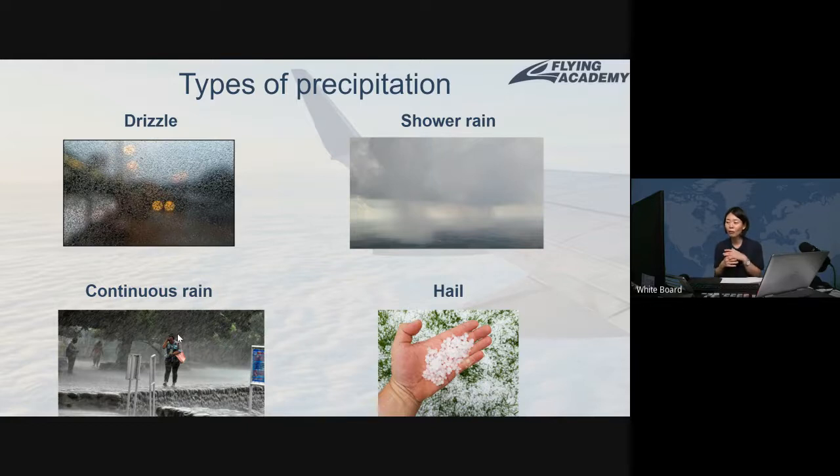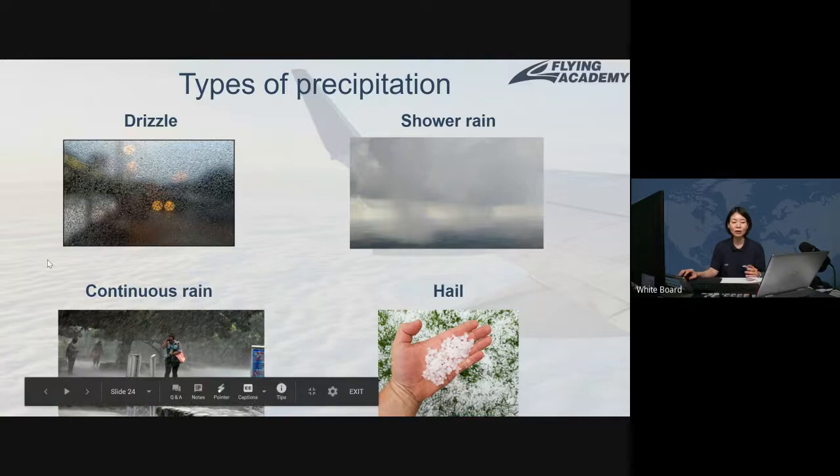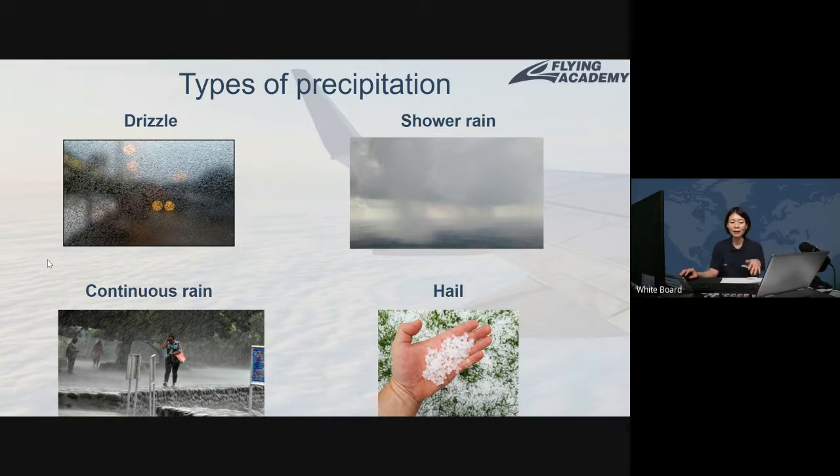You can barely walk and you can barely see. That's the shower rain. And then continuous rain can be heavy, moderate, or light. You are going to see it next time as well. So there is heavy continuous rain, moderate continuous rain, and light continuous rain, but it's not as severe as shower rain.